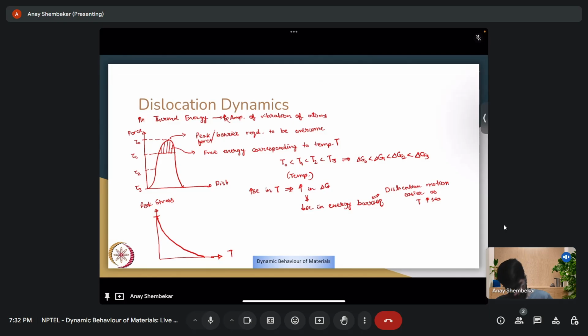It's a decrease, not exactly an exponential, a decreasing plot. Tau 0, tau 1, tau 2, and tau 3 correspond to temperatures T0, T1, T2, and T3.